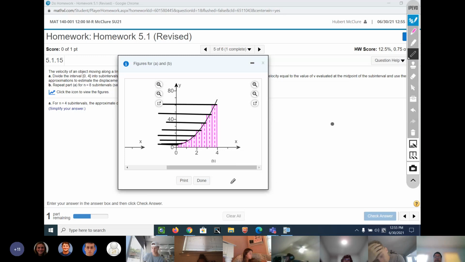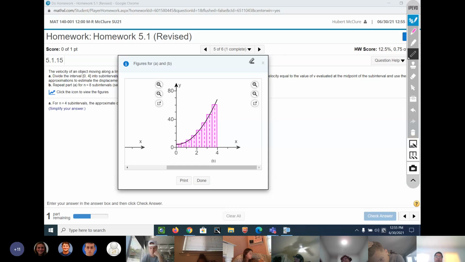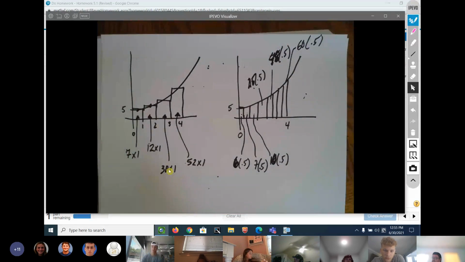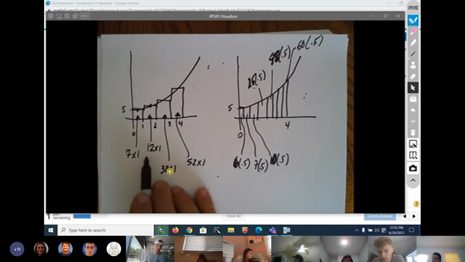So now that we've done it by hand, let's take our handy dandy drawing, which mine does not look like theirs. Mine looks terrible, but I'm going to go ahead and show it to you anyway. There they are. And looks like we've got 7 times 1, 12, 30, that's 82.